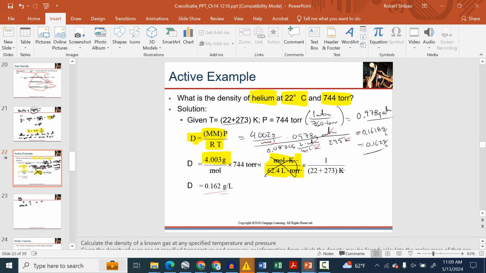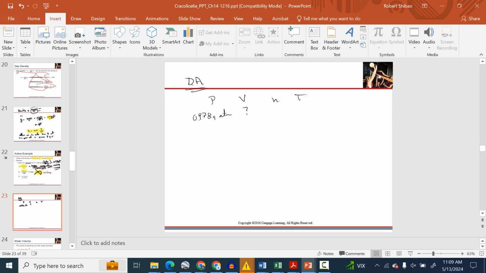No. They gave us the temperature, 295 Kelvin. But they gave us some additional information, 4.002 grams per mole for helium.